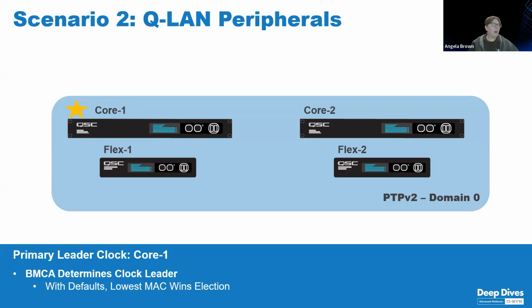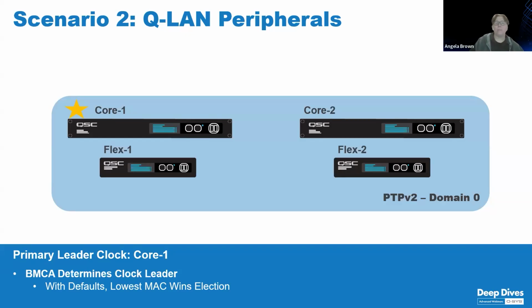Those 2 cores are identical. They're probably even running identical files. They have probably the same default values out of the box. And if you just take them out of the box and plug them into the network, they're going to pull an IP address or an APIPA address, some sort of an IP address so they can talk. And the one with the lowest MAC address is going to win the election.